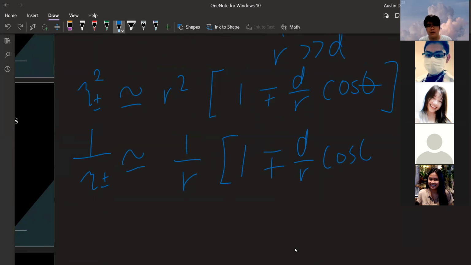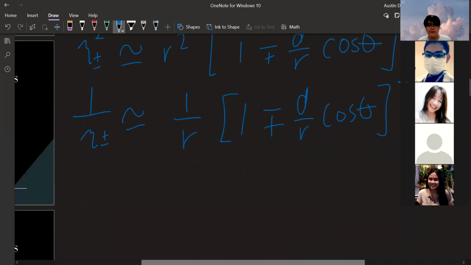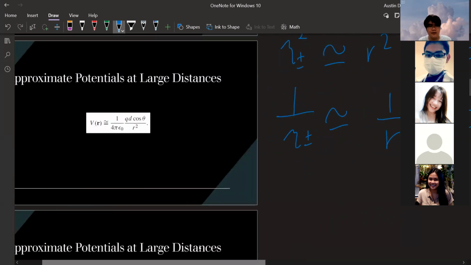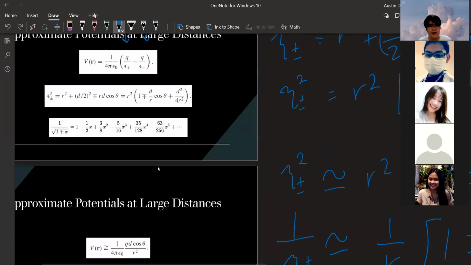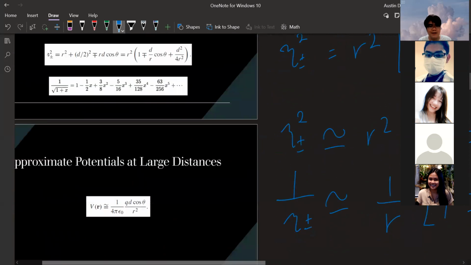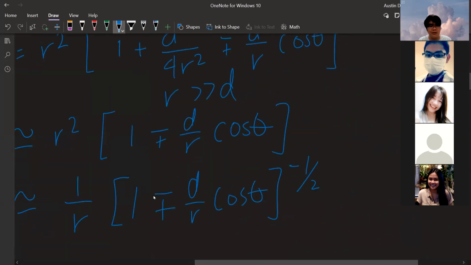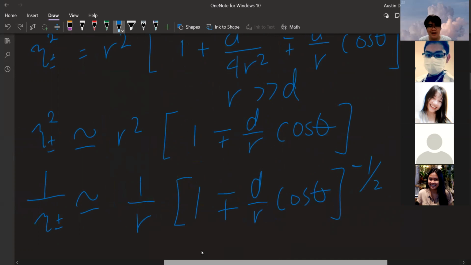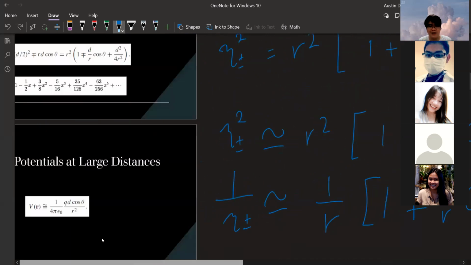So I could just raise it to negative 1/2. Okay? So, kung mapansin nyo, ito ay binomial, dalawang terms, binomial. And then, with binomials, we can go and have our binomial expansion.